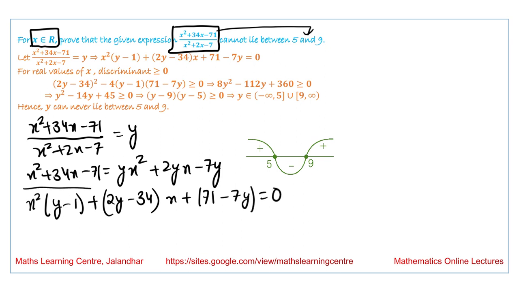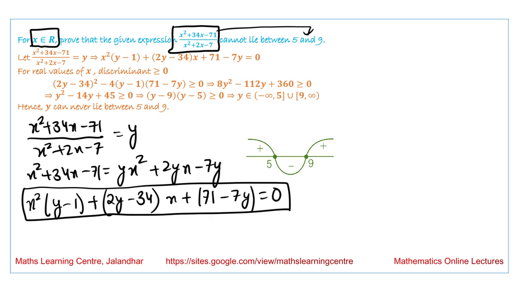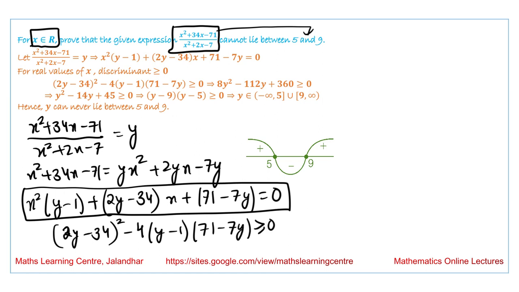Now this is a quadratic equation and it will have real roots if the value of the discriminant is greater than or equal to 0. The discriminant is (2y minus 34) square minus 4 into (y minus 1) into (71 minus 7y), which should be greater than or equal to 0.